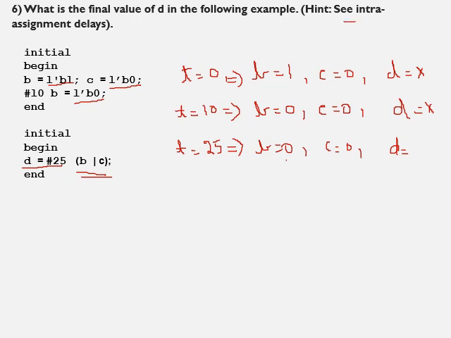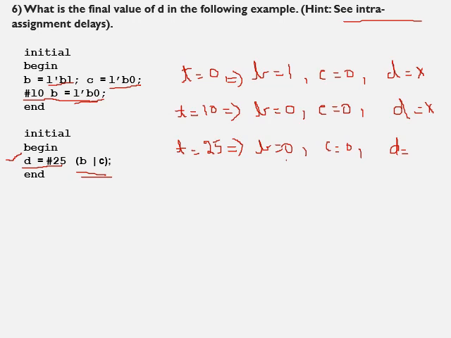intra-assignment delays. So this is an example of intra-assignment delay. Here you can see a delay which is assigned at the beginning of the statement, whereas in this one the delay is specified after the assignment operator.